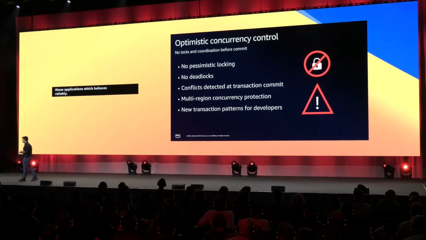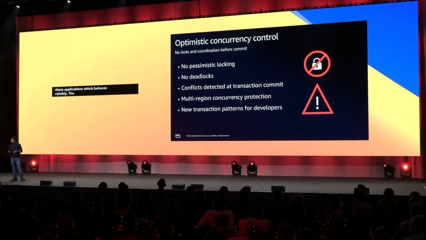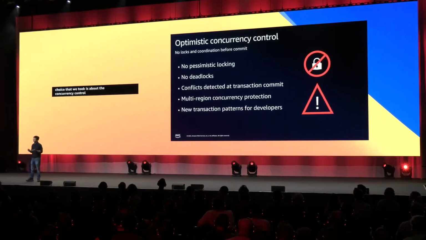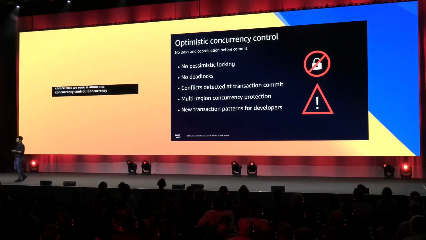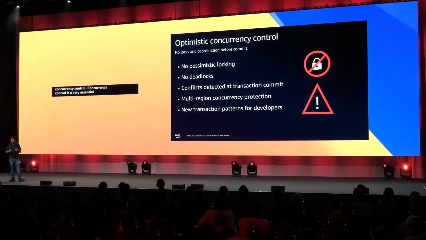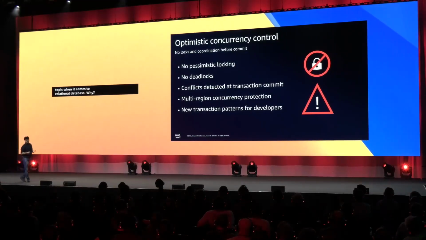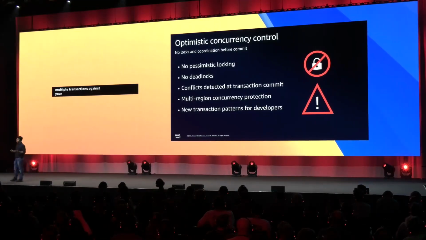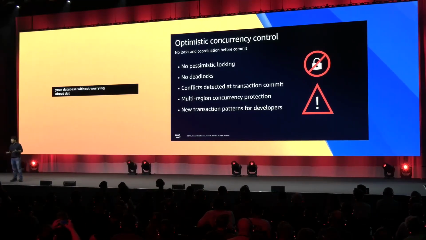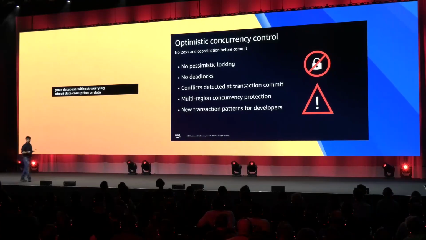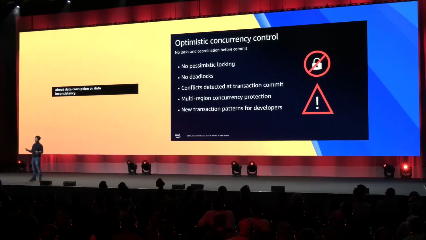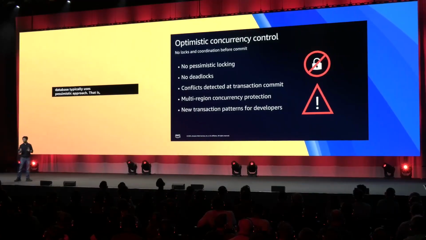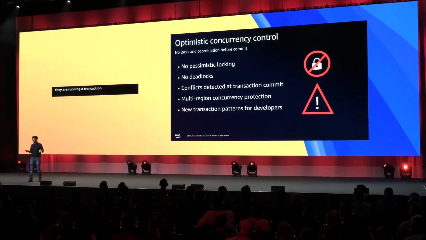The second design choice that we took is about concurrency control. Concurrency control is a very essential topic when it comes to relational databases. Why? Because it allows you to run multiple transactions against your database without worrying about data corruption or data inconsistency. Traditional databases typically use a pessimistic approach. That is, they are running a transaction, and it is locking the rows which it intends to change.